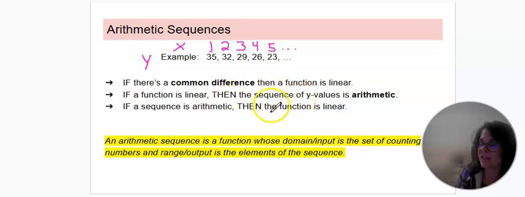So if the sequence is linear, then the sequence of y values is called an arithmetic sequence. This works backwards too. If you're told that a sequence is arithmetic, then the function is linear. Let's take a look more closely at these.